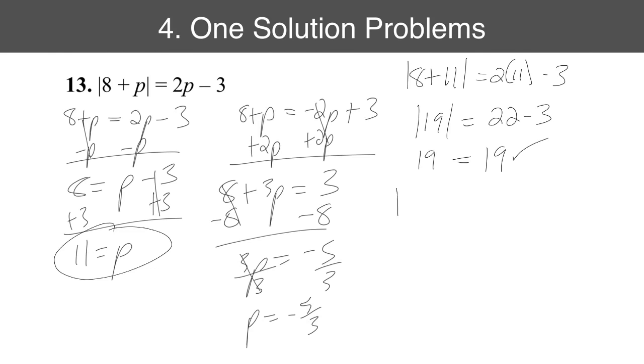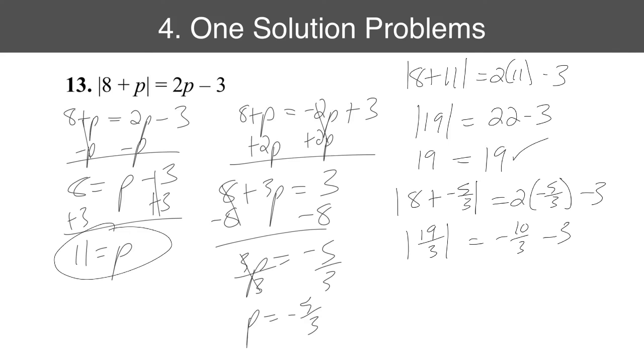So absolute value of 8 plus negative 5/3 equal to 2 times negative 5/3 minus 3. All right, so first up, 8 plus negative 5/3 would give us 19 over 3. So the absolute value of 19 over 3 equal to 2 times negative 5/3, which would be negative 10 over 3 minus 3.